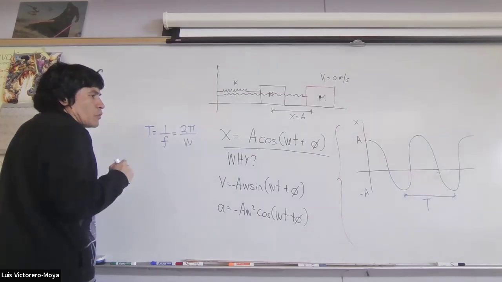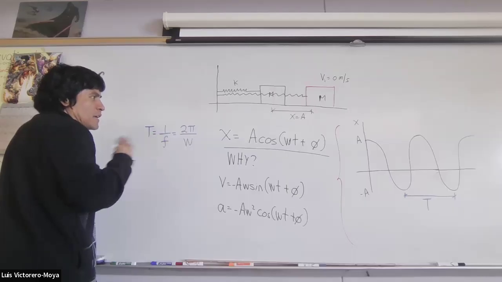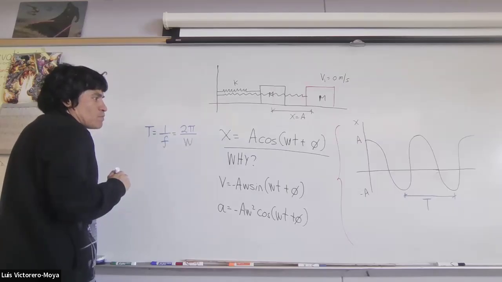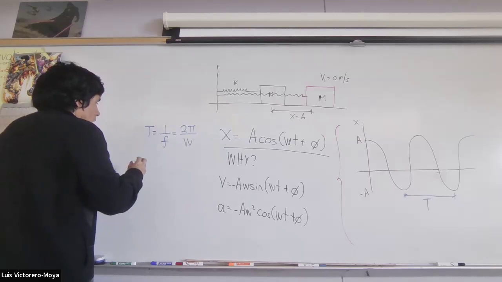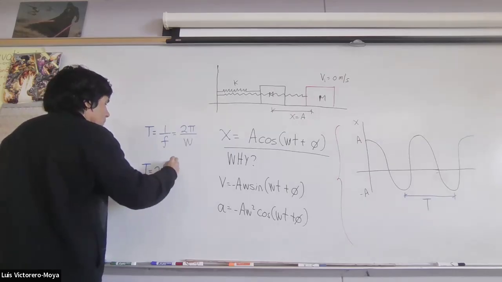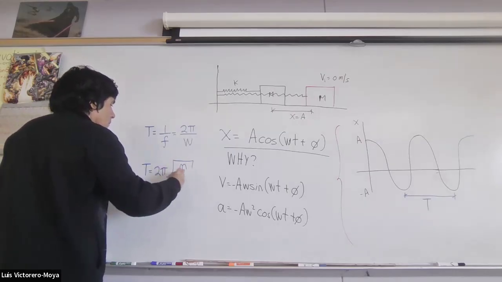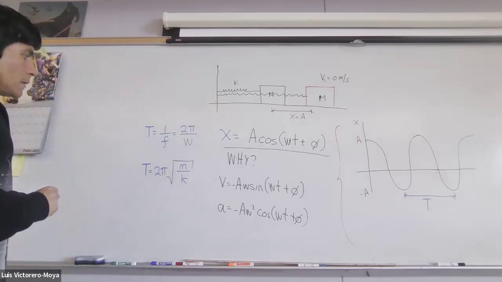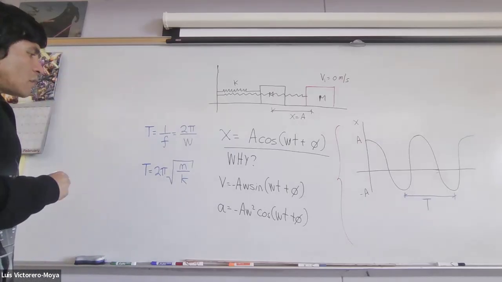Well, we don't talk about wavelengths in this case because it's just a mass attached to a spring. So it's just a period of motion. The period can also be calculated as 2 pi square root of m over k, where m is the mass and k is the spring constant.